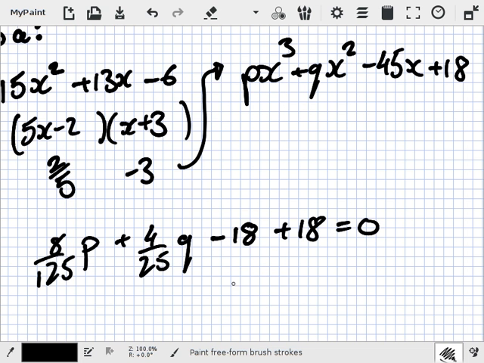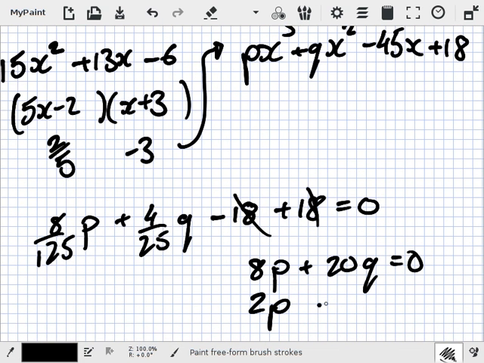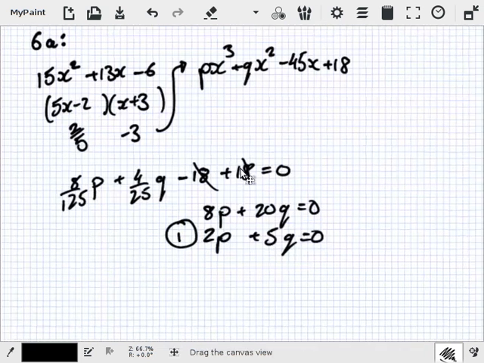If I multiply by 125, I get 8p plus 20q equals 0, right? If I divide now by 4, I get 2p plus 5q equals 0. Equation 1.